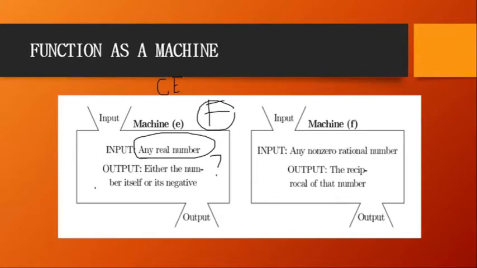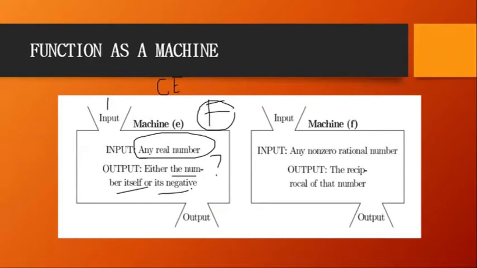Like this one. Okay? Ito medyo tagilid tayo sa output. Kasi either the number itself or its negative. So alam natin na dalawa yung possible na sagot talaga dito. Ang iiwasan na lang natin is yung dalawang sagot na yun magkaiba. Okay? For example, ang input natin is 1.